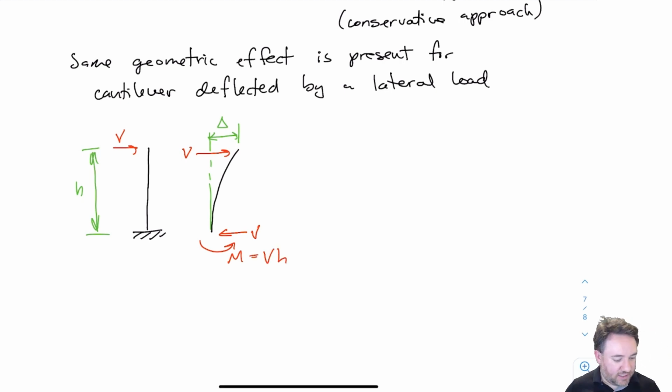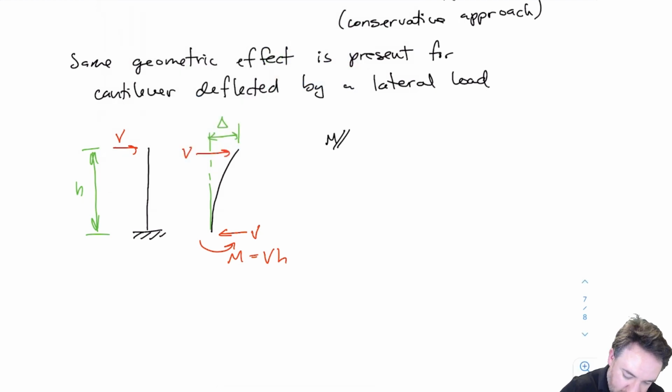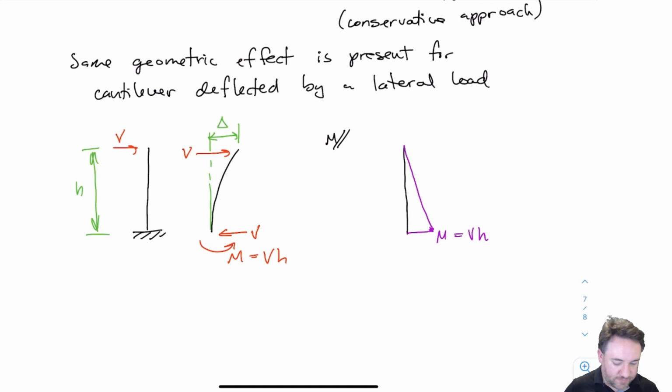So it's VH. Okay, so if I were to draw my moment diagram for this, it would look something like this. So I basically just have a triangle, because at the top I have no moment because it's a free end, and at the bottom I have moment equal to V times H.